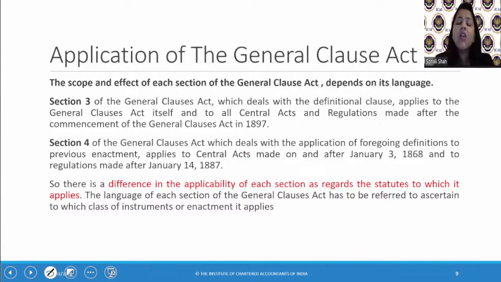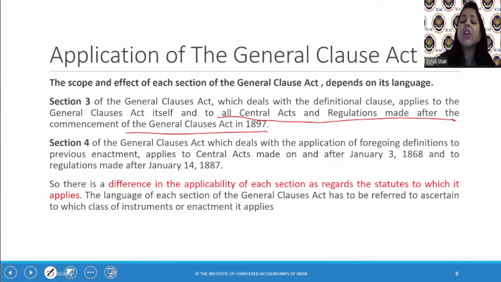So section 3 of the General Clauses Act is the definition section, right? It talks about the definition. Section 3 of the GC Act is applicable to all central acts and regulation that were made after the amendment of GC Act 1897, that is after 11th March 1897.